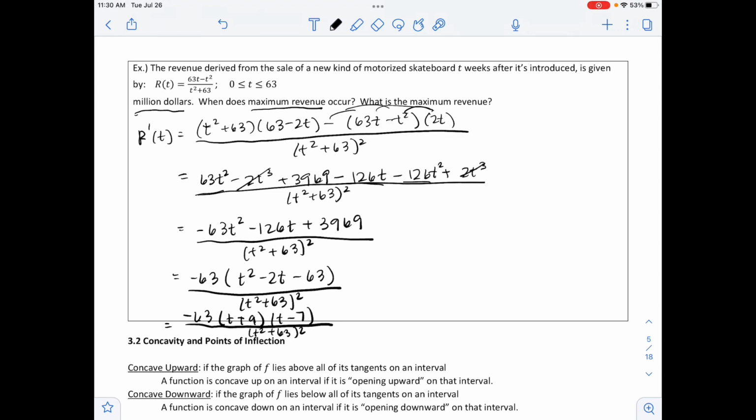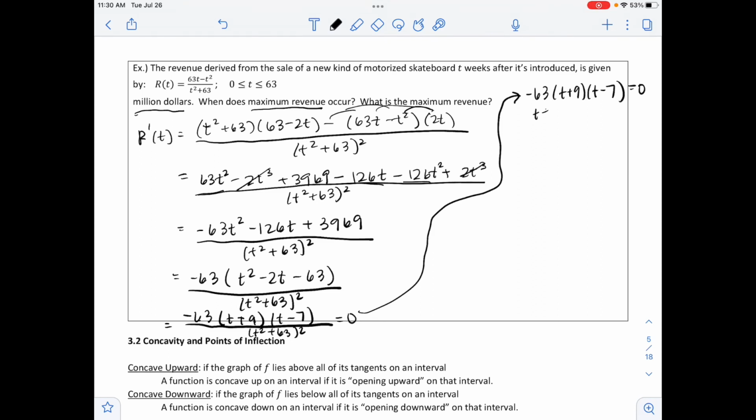So to find our critical values, we're going to set this equal to 0. And then from here, we have negative 63, t plus 9, t minus 7 equals 0. And we get that by multiplying both sides by that denominator. From here, the negative 63 you can divide out or just ignore it.